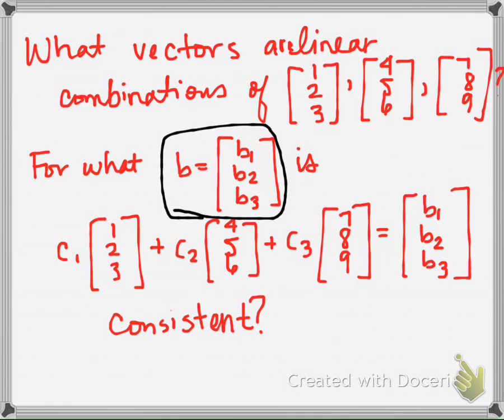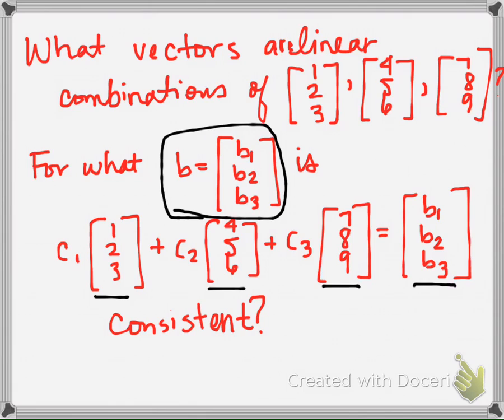So back in chapter 1, in order to be able to tell if we had a consistent vector equation or not, we would take these three vectors, we were calling them matrices then, augment it with this vector, and ask, when is it consistent? And it was consistent exactly when we did not get a leading one in the last column.